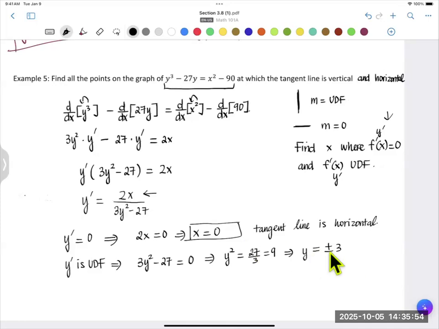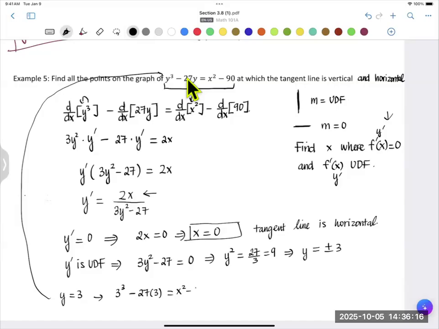So when y equals 3, what is x? Put that back into the original equation. We have 3 to the power 3 minus 27 times 3 equals x squared minus 90.